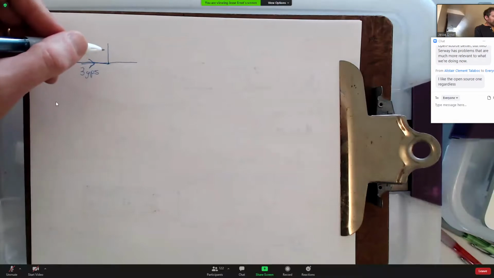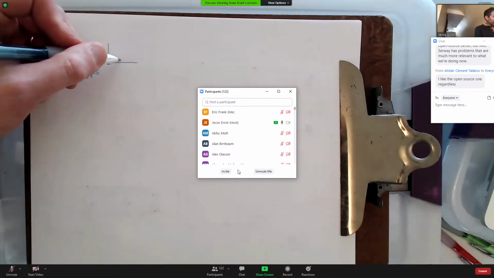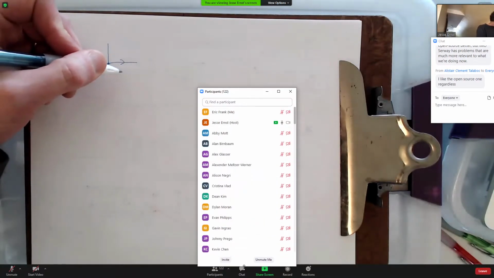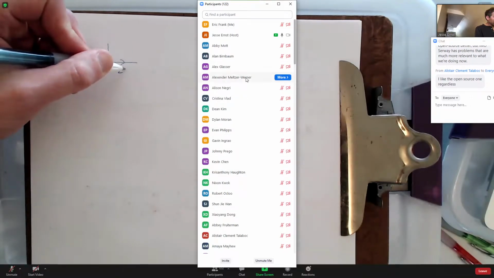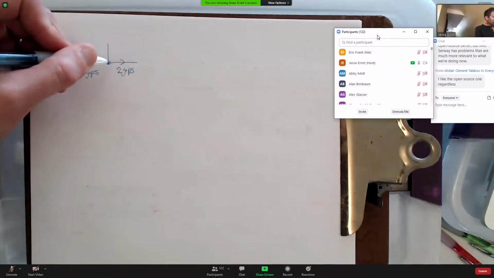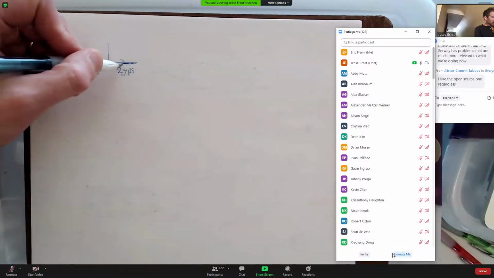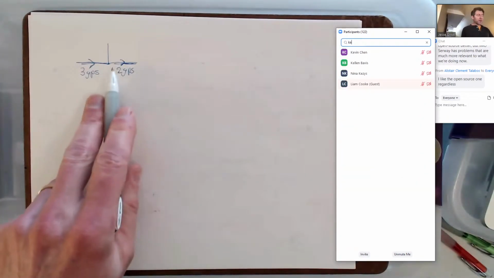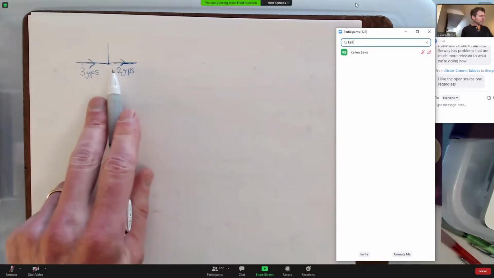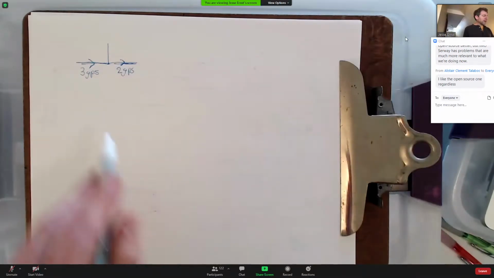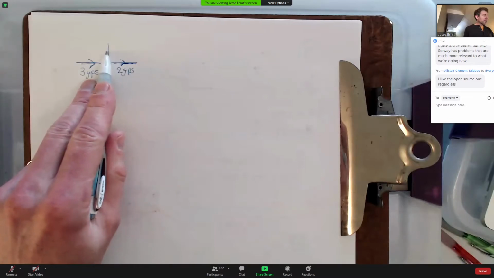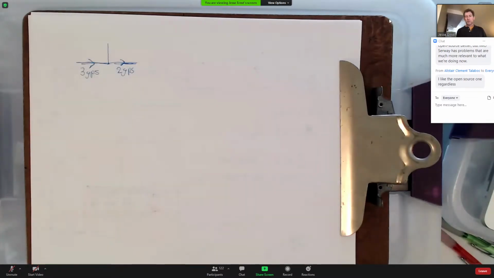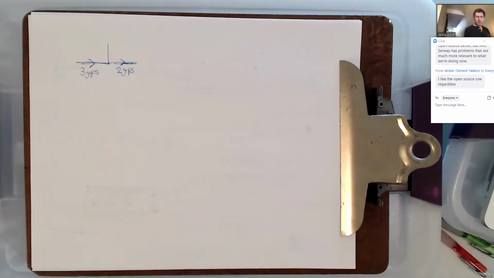And let's say I have 2 gallons per second flowing this way at this spot. So on your own paper, just write down the current and the direction in that pipe. Don't answer out loud.